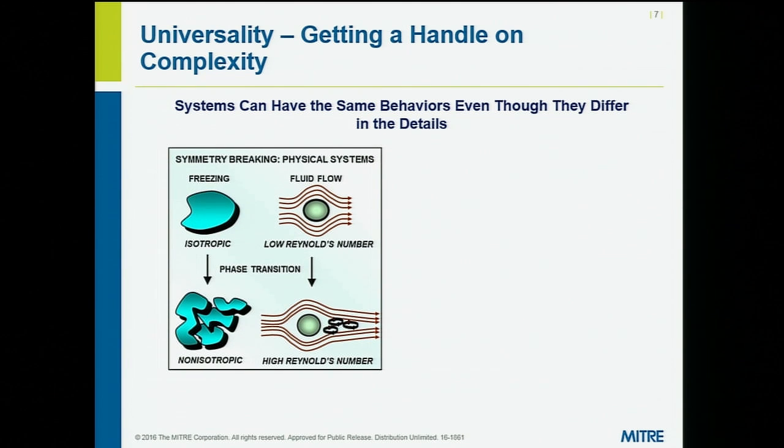And the examples are, if you look at, say, water, going from a freezing state to a liquid state, which is a non-isotropic condition, both in the freezing and non-isotropic condition, there's really not much of interest going on. What happens is that all the interacting dynamics occur as you go from the freezing state to the liquid state to the gaseous state.